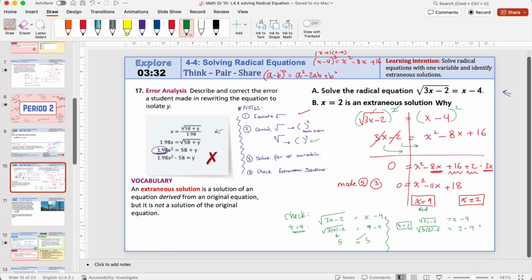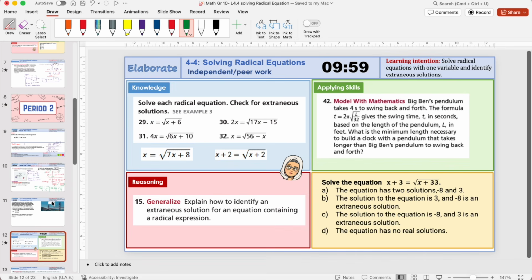Root of 6 minus 2 is 2. This side is 2. Now this side, 2 minus 4, is negative 2. And they are not equal. Therefore, this is an extraneous solution. Rejected, accepted. That's it. Easy peasy lemon squeezy.